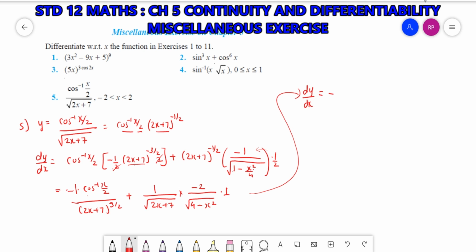So 2 will get cancelled. So minus sign I have taken common. It will be cos inverse x by 2 upon 2x plus 7 raised to 3 by 2, plus 1 upon square root of 2x plus 7 into square root of 4 minus x square.